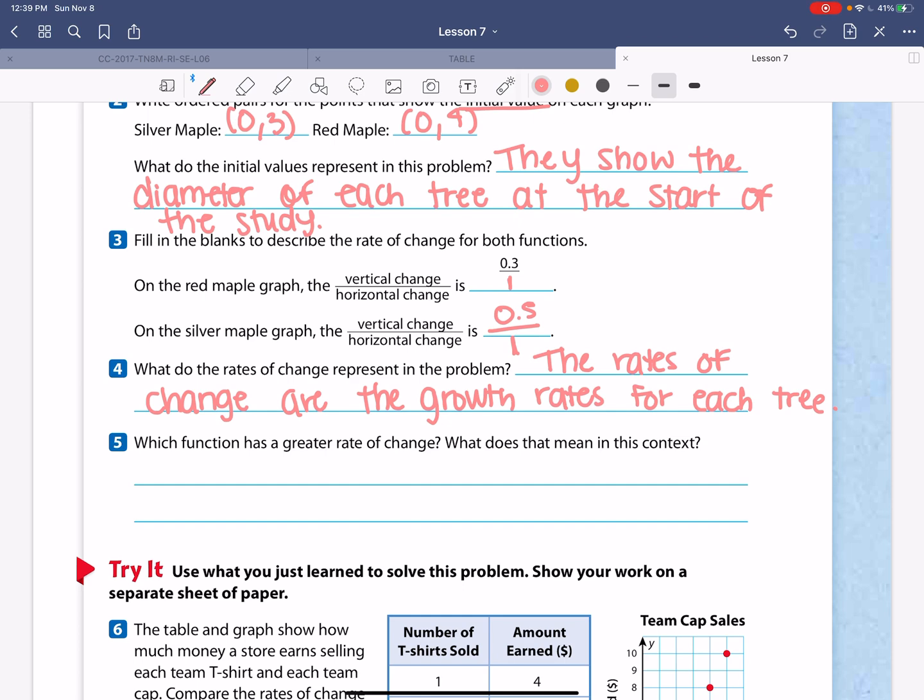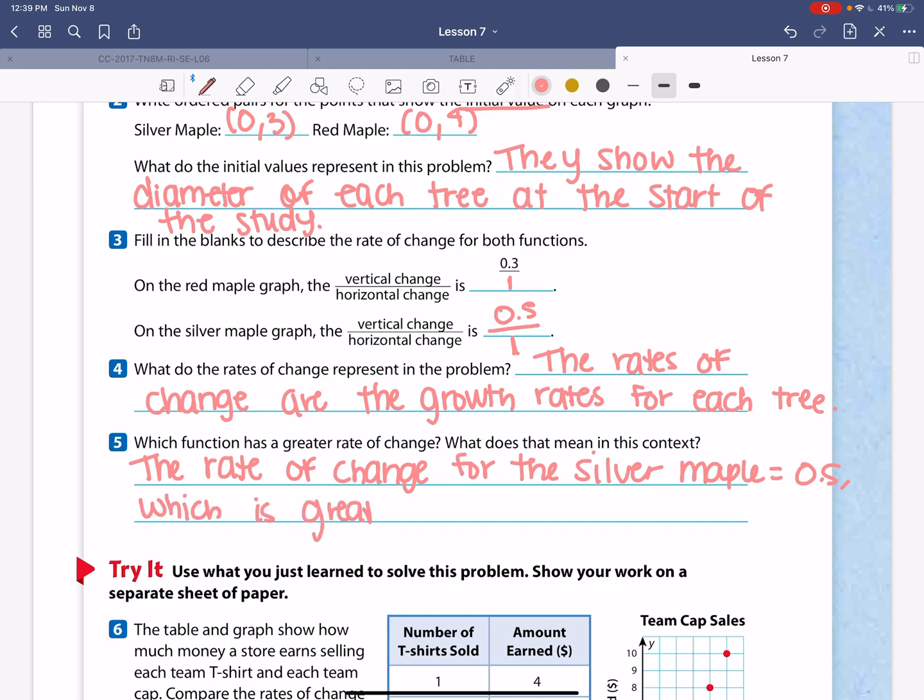And we already talked about this on the previous page, but just to summarize what we talked about, here you go. So the rate of change for the silver maple was equal to 0.5, which is greater than 0.3 for the red maple.